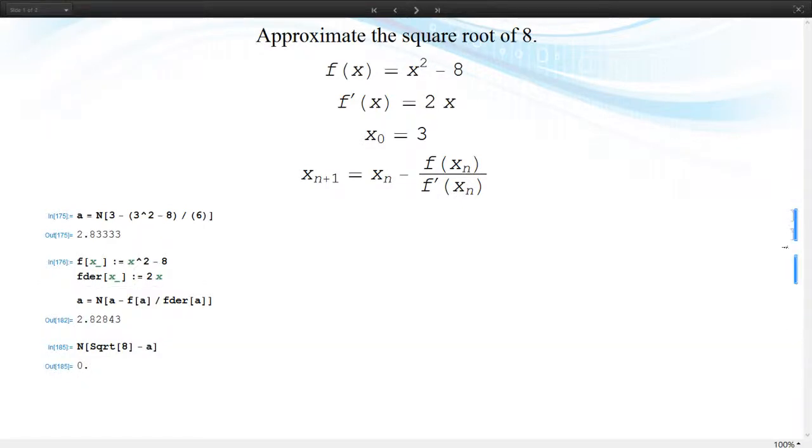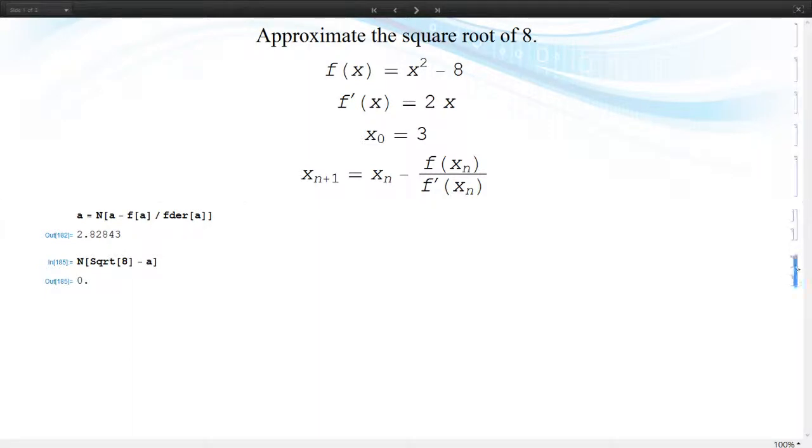Let's delete all of the extra stuff. Our approximation is 2.82843. Now if we were to do this using linearization, we would have to pick a function. We'd pick the square root function, so f of x is equal to the square root of x.